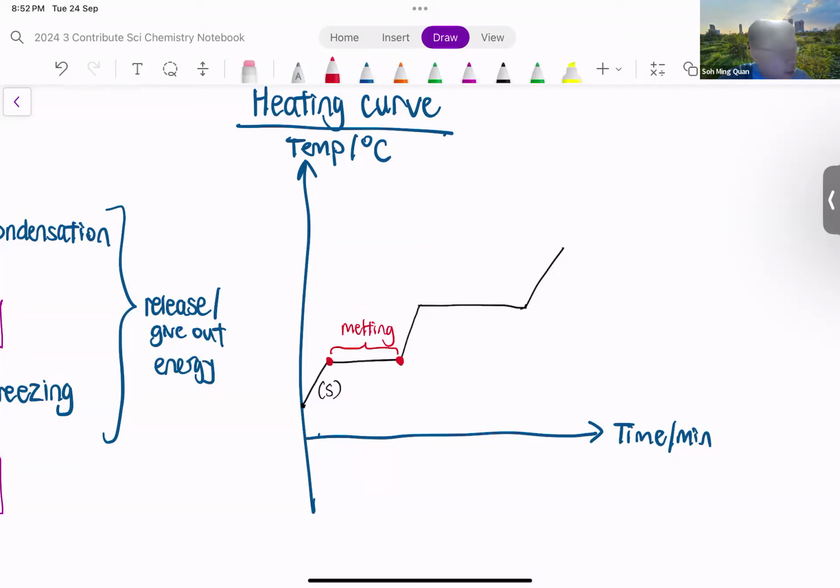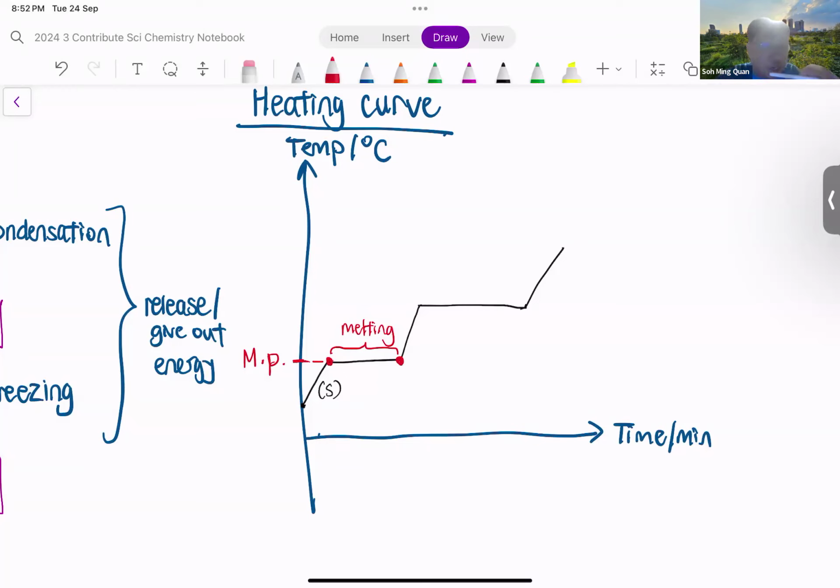And hence, I can work out the temperature at which it melts. If I trace it back to the y-axis, I can find the temperature at which melting happens. And that's called the melting point. The melting point of a substance, just trace it back to the y-axis.